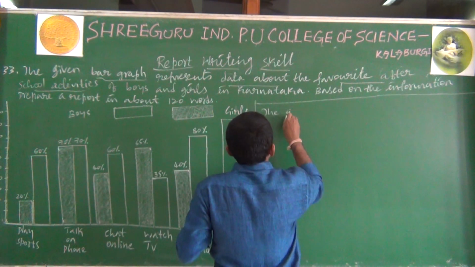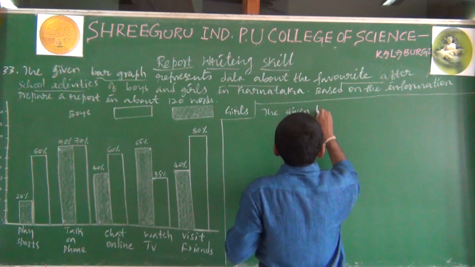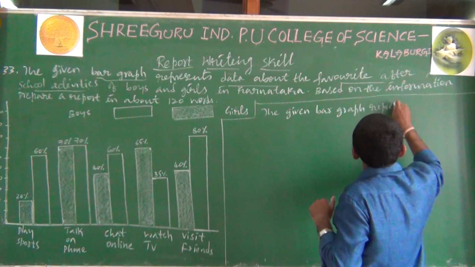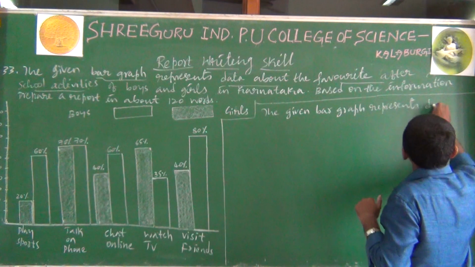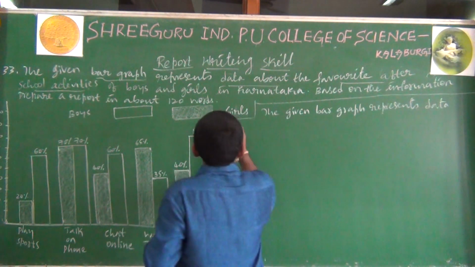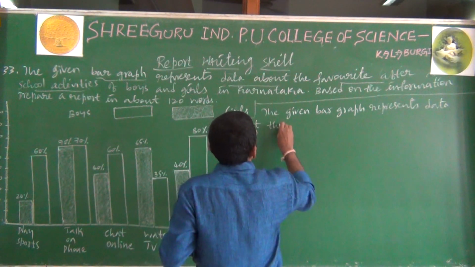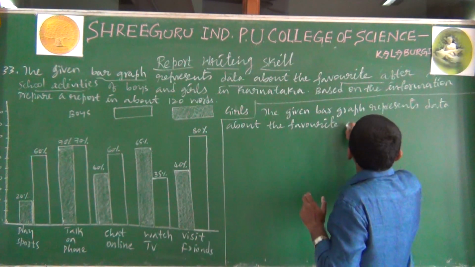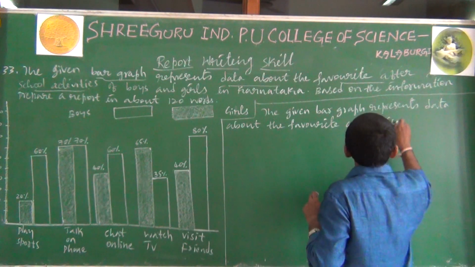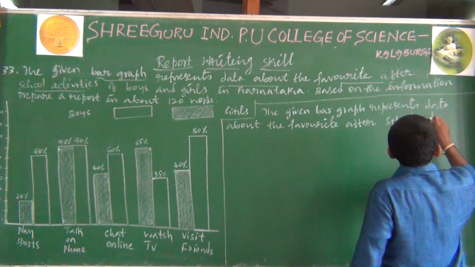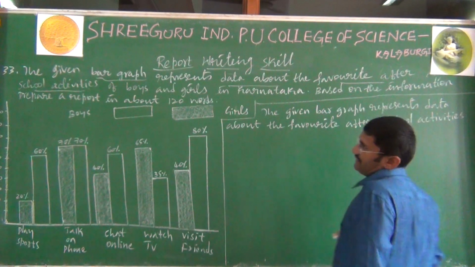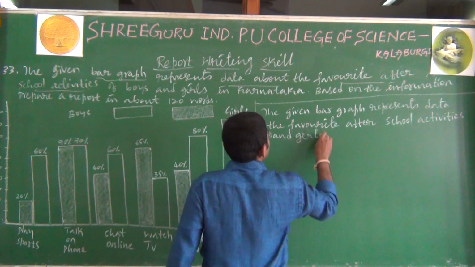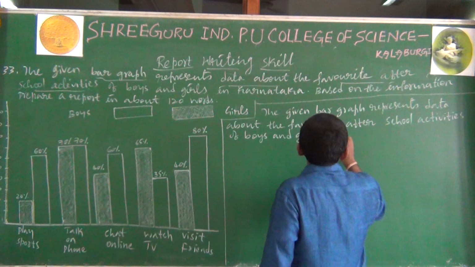Well, the given bar graph represents data about the favorite after school activities of boys and girls in Karnataka.